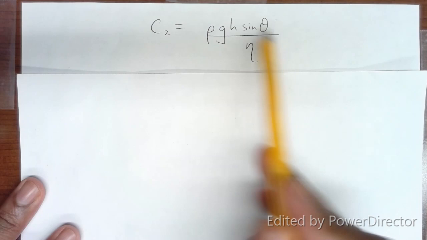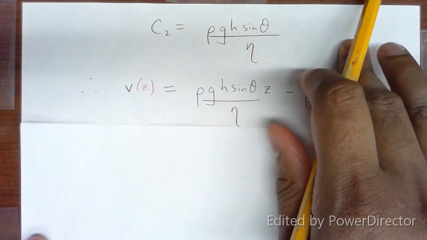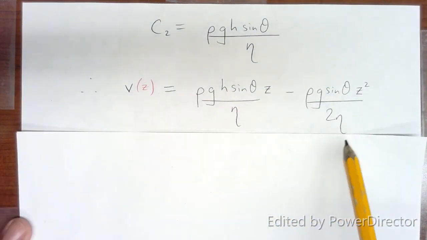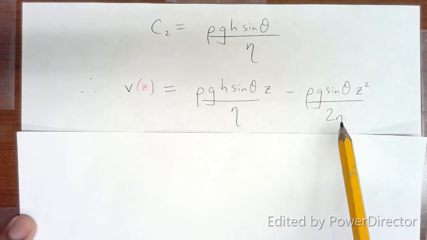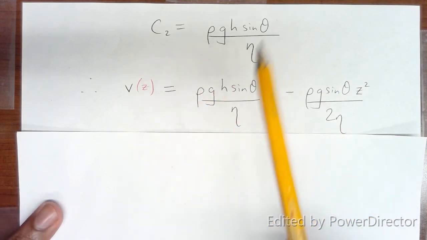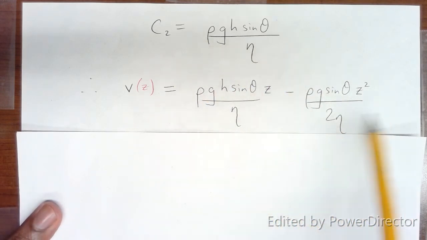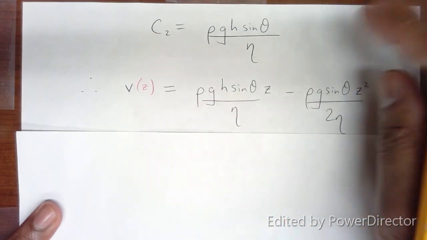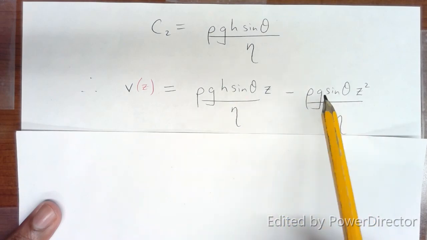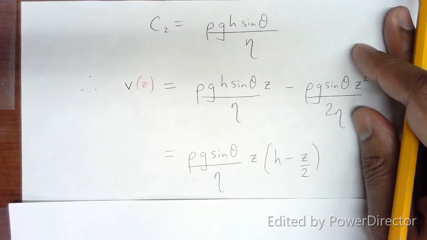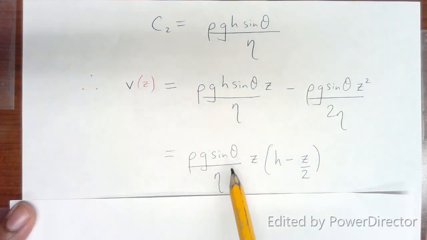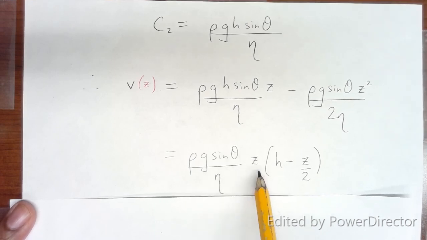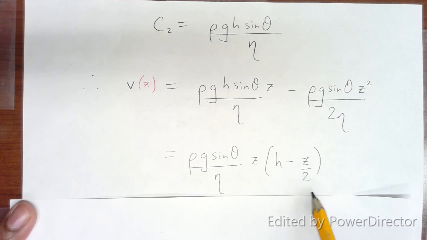We solve this for C2, and then we go back to the velocity function and plug in for C2, and this is now the full expression for the velocity as a function of z. And we can see we have some common factors, so let's pull those out. So we have rho g sine theta z over eta times h minus z over 2.